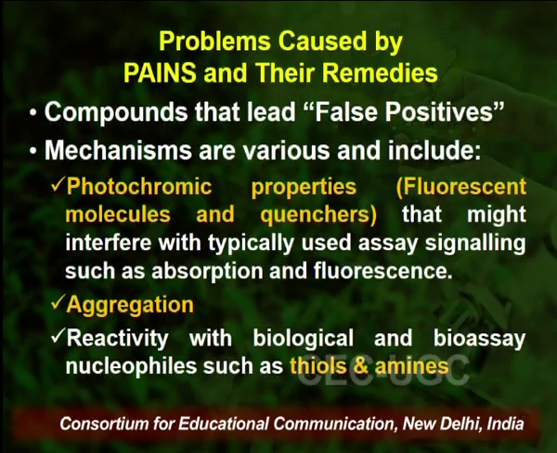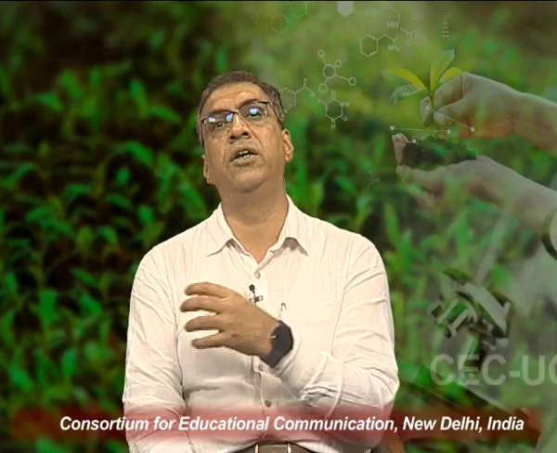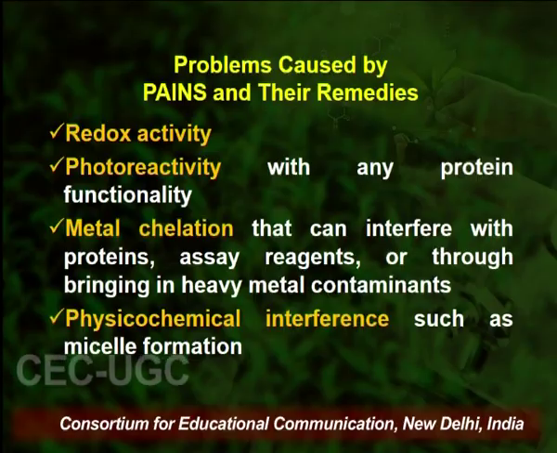Third mechanism is reactivity with biological bioassay nucleophiles such as thiols and amines. We will discuss ahead that there is a class of natural compounds which have specificity for thiols and amines. They react with these thiols and amines and produce a specific outcome which interferes with the HTS results. Another is redox activity.